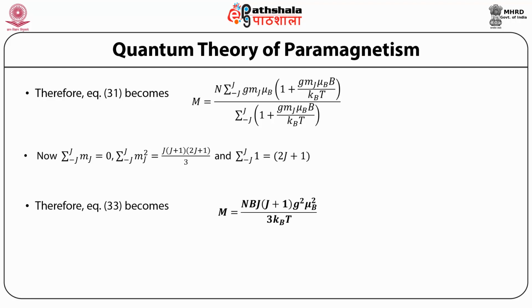Therefore this equation 33 becomes M = N J(J+1) g² μB² B / 3 kB T.